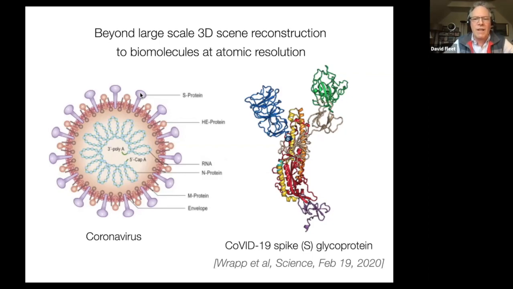So that is the site of attachment. And by finding antibodies that neutralize or that bind to the ends of the spike protein, you can effectively neutralize the virus. And that's what people did early this year in an amazingly short amount of time with current technologies.